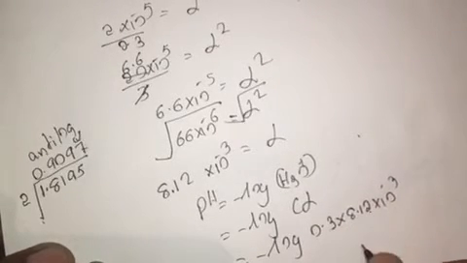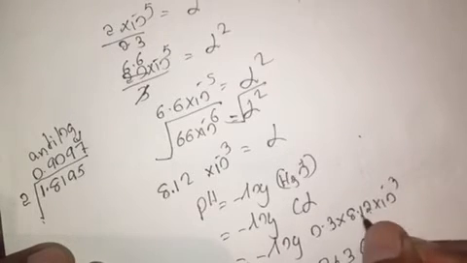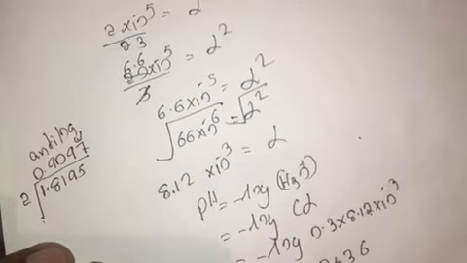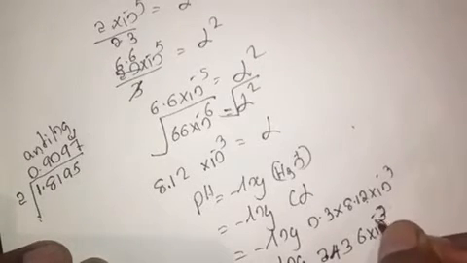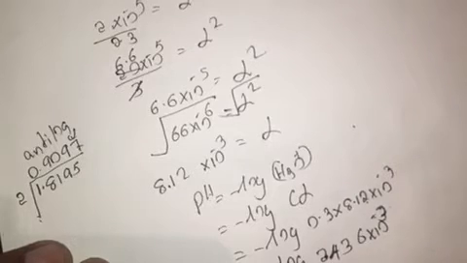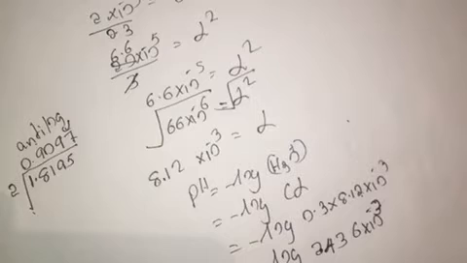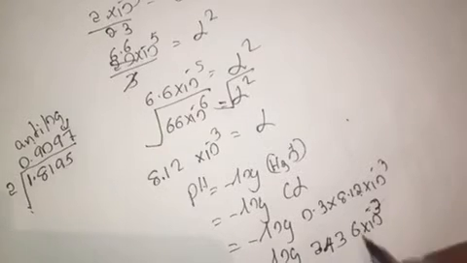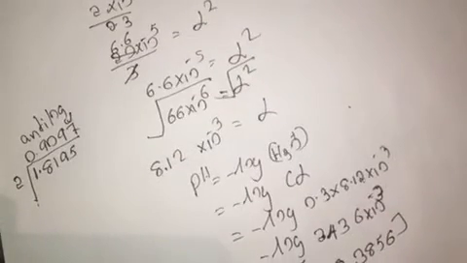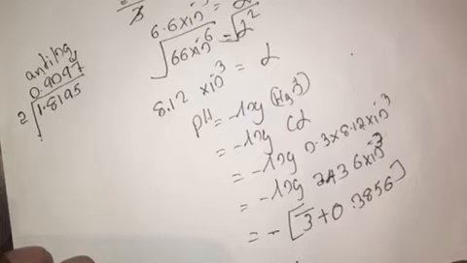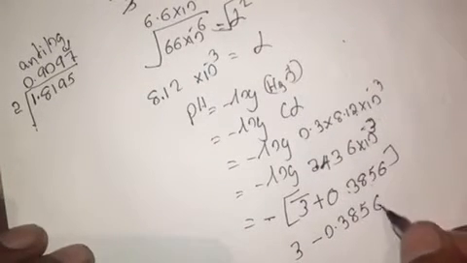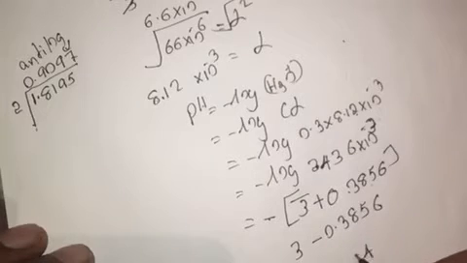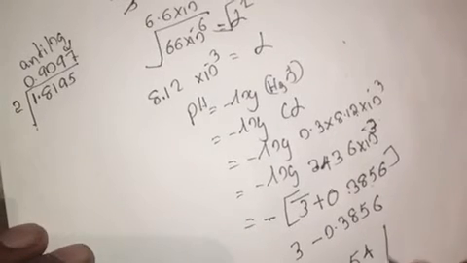Minus log of that, which gives 2.4... Now we can simplify, and we get the pH. This is the pH.